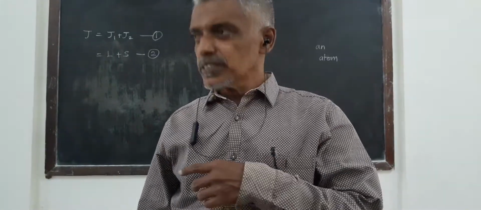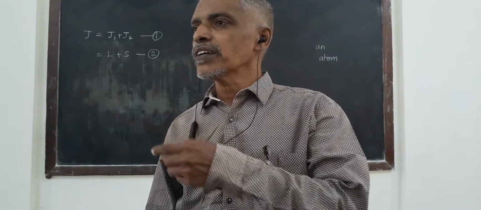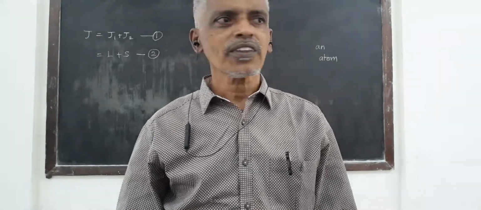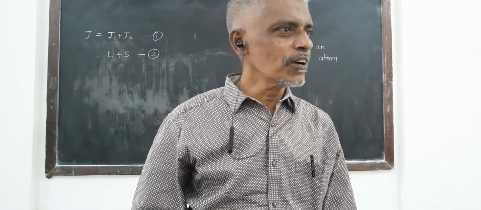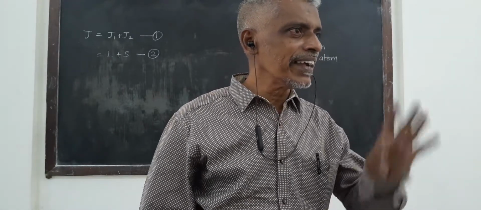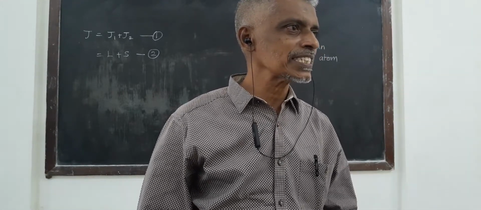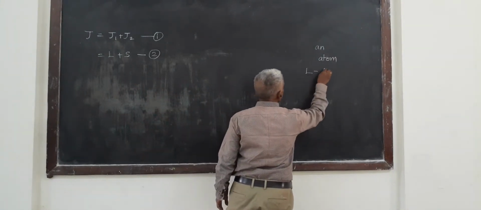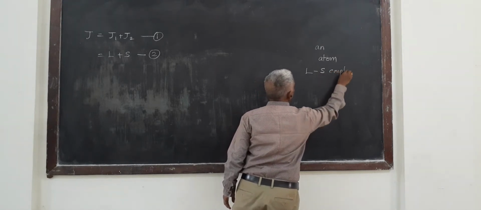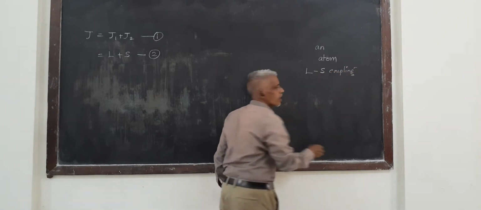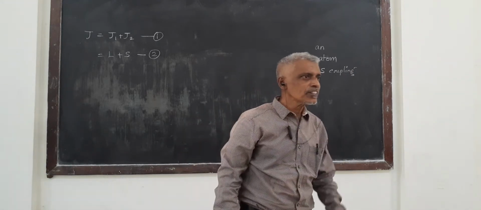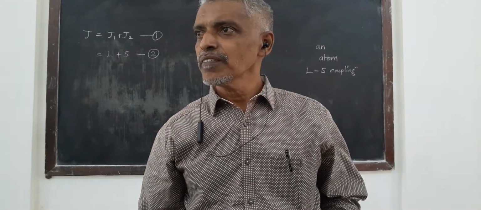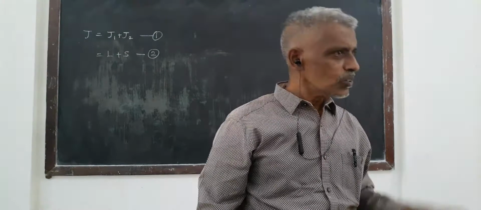Orbital angular momentum of an electron, L. The job is over with that. And then what is said? Spin of that electron again. L and S. You might have seen LS coupling. Have you not heard about this? You might have heard about this. JJ coupling, LS coupling. Then this is one.